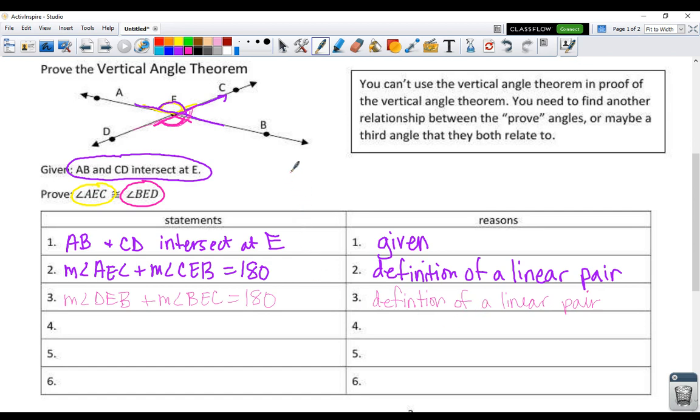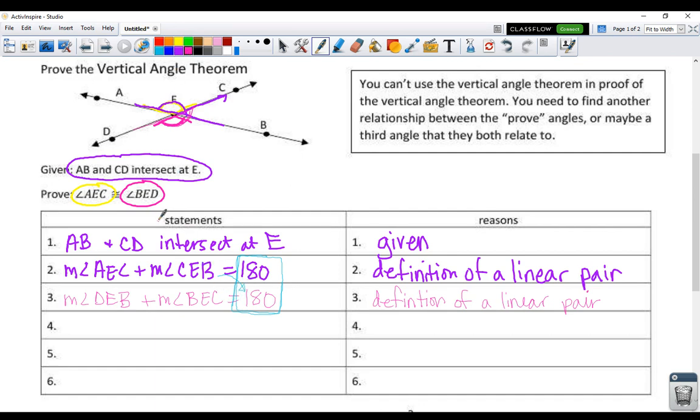Now we're going to use some of our brain, and we notice hopefully that both of these things add up to 180. If both of them add up to 180, that means the sum of these 2 angles is going to be equal also. So I'm going to take this purple statement and replace it here instead of the 180.